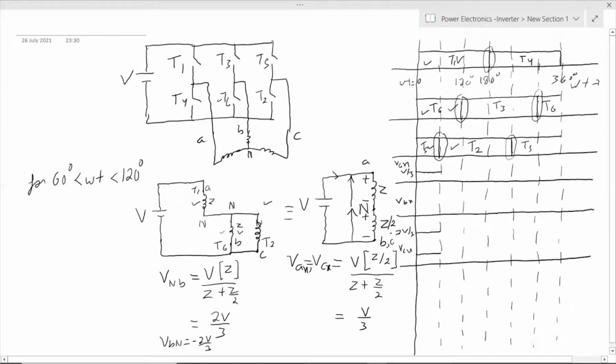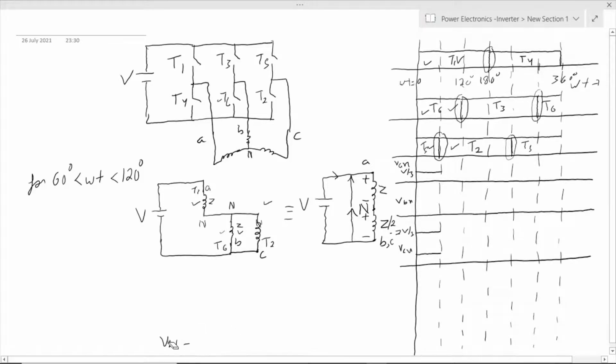Now VAN here will be 2V by 3, same as we have done in the previous. So for this circuit, VAN will be how much? It will be 2V by 3.